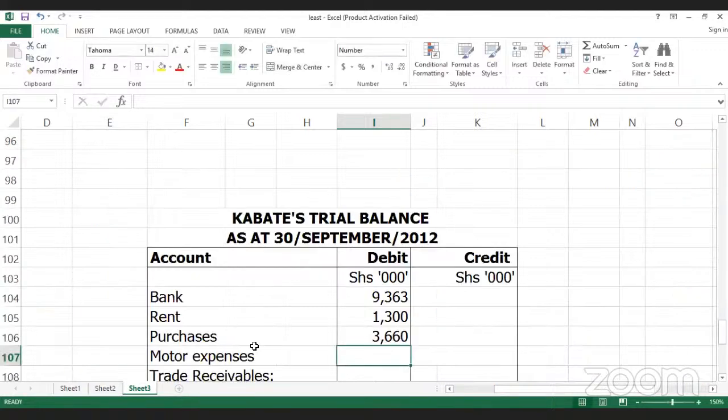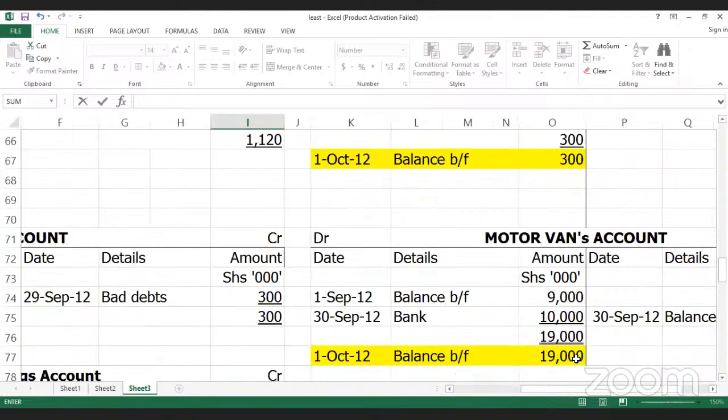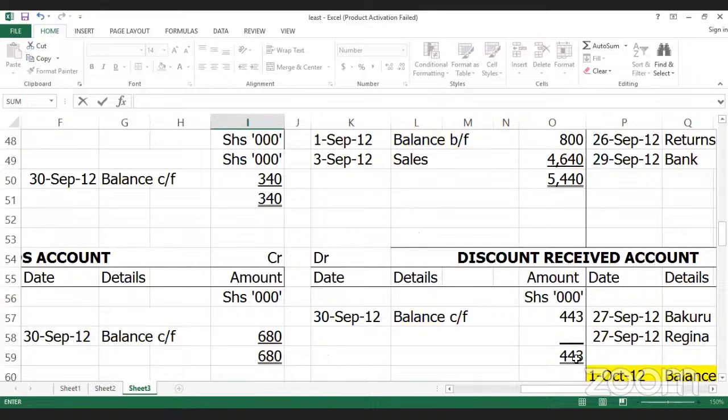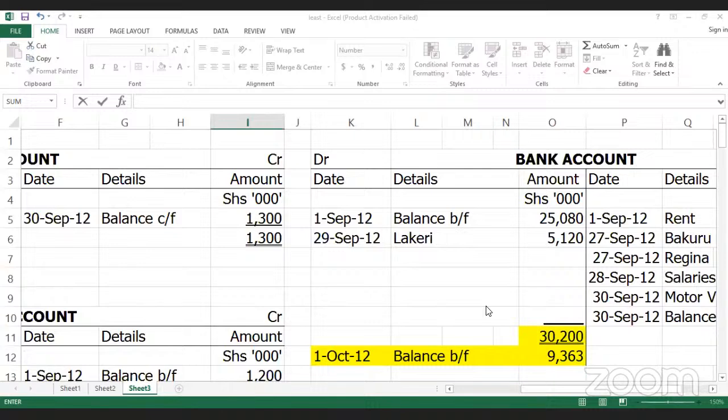Then the motor expenses. I'm not seeing the motor expenses account. How much? 260.